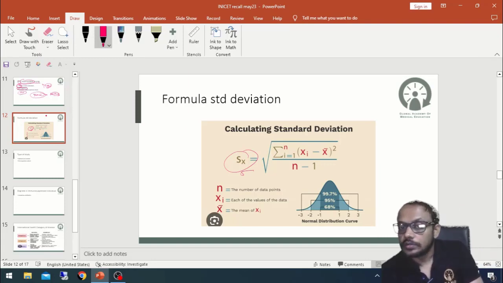Under root, summation of (xi minus the mean) squared, where xi is the individual values, divided by n minus 1, usually for less than 30 values. If the total sample is less than 30, then n minus 1 is used, and if it is more than 30, then simply n will be used.